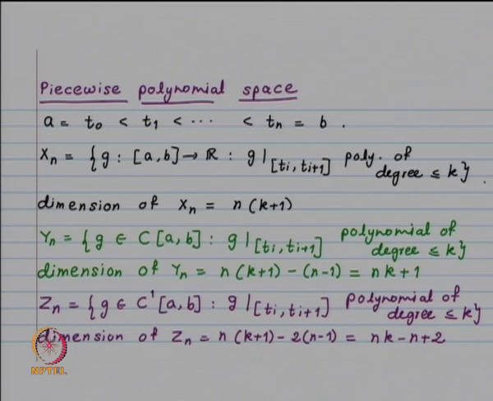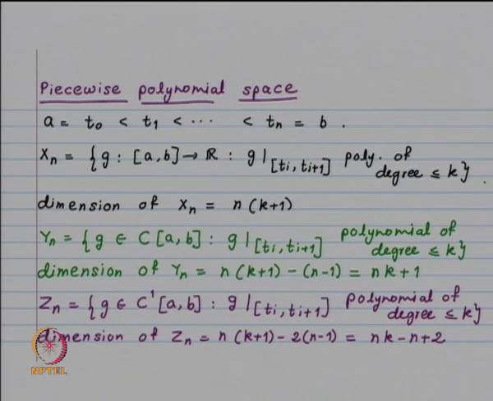We have got n intervals. In each interval it is a polynomial of degree less than or equal to k. That means we have got k plus 1 coefficients at our disposal. So, in total there are going to be n into (k plus 1), and that is going to be the dimension of the space X_n.